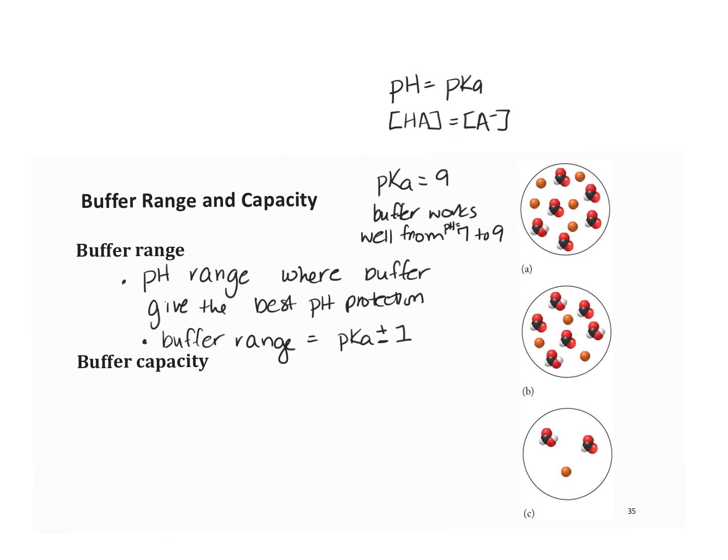So because you have equal amounts of the acid and the conjugate base, if you add a strong acid, there are plenty of molecules of the base to react away and keep that pH in the same range, okay?